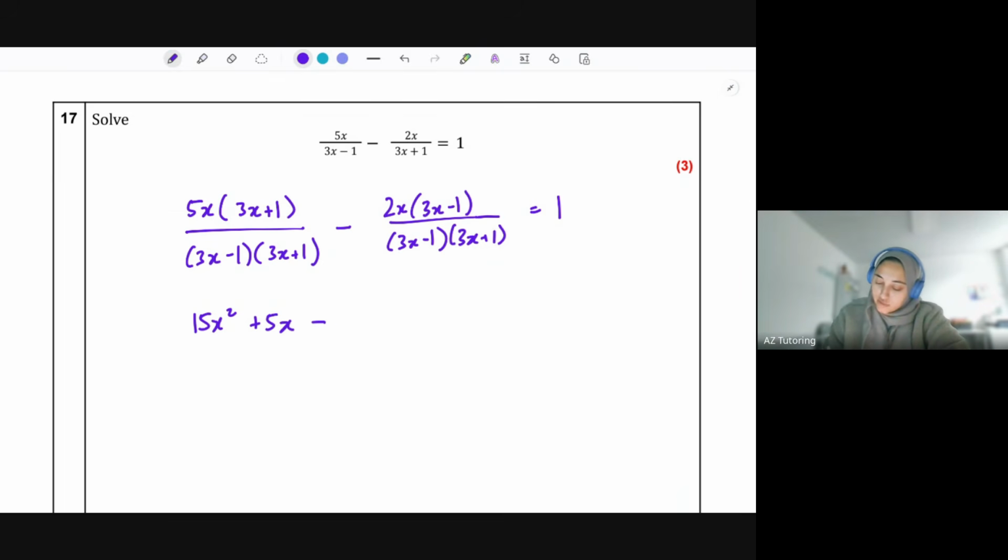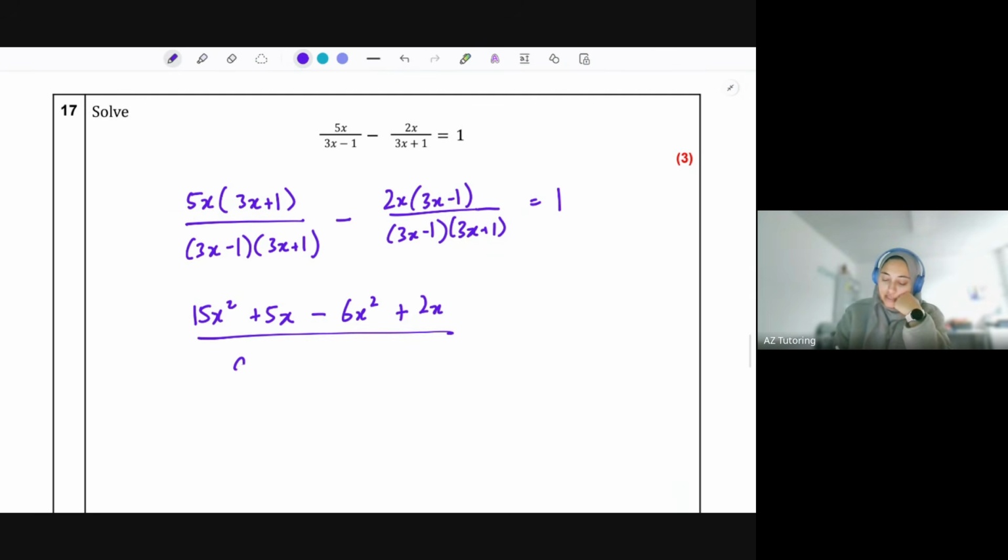Minus 2x times 3x, which is 6x, minus 6x squared. And then minus 2x times minus 1. Minus times a minus is a positive. And then we've got 2x. All over 3x times 3x. Remember, these are both the same, so I'm just writing it under the same one.